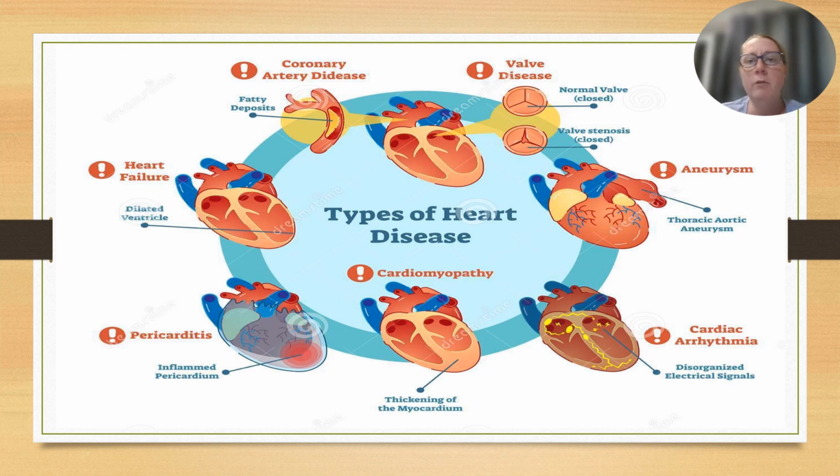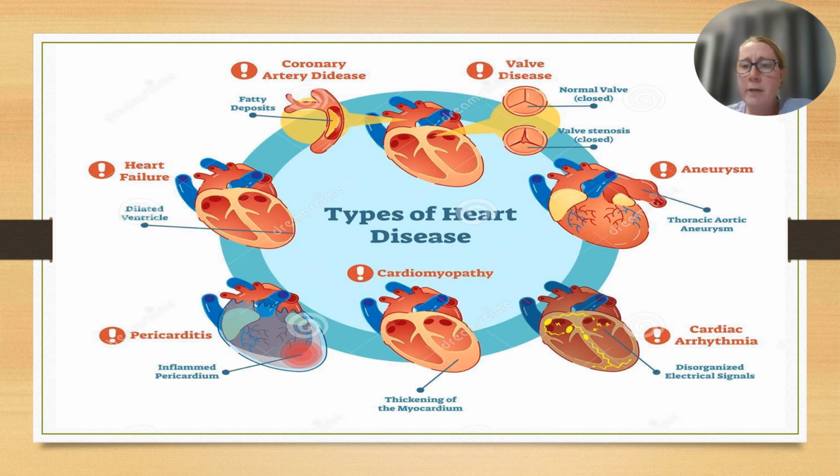And then we have valve disease. This is where the valves that are opening and closing continually to let the blood flow through and release the blood sometimes get a little lazy, or it just isn't opening and closing correctly. So that's valve disease.